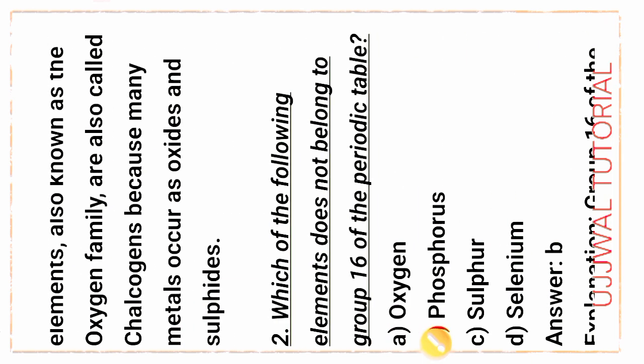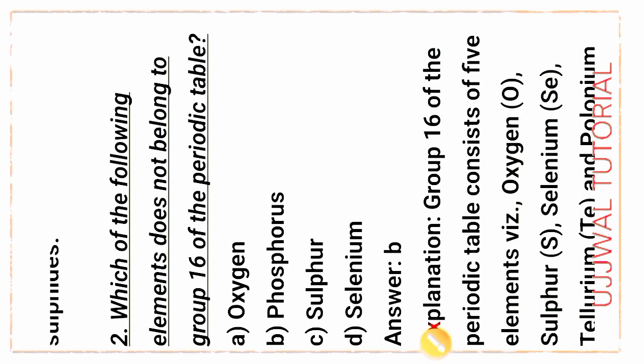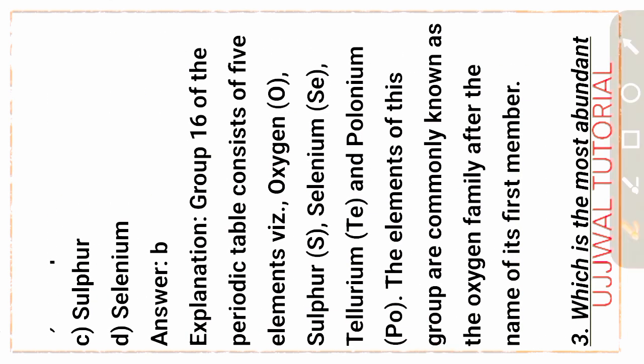Next question, question number 2. Which of the following elements does not belong to group 16 of the periodic table? Option B, phosphorus. To explain this part, group 16 of the periodic table consists of 5 elements, that is oxygen, sulfur, selenium, tellurium, and polonium.